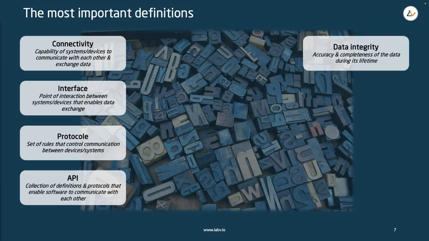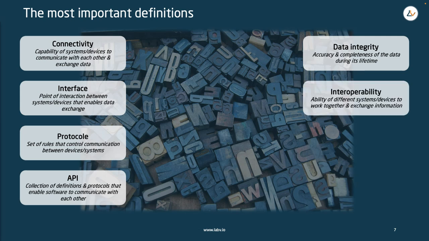Another very important definition: data integrity. Data integrity is about the accuracy and the completeness of the data during the whole lifetime and not just during the exchange. Data interoperability describes the ability of different systems and devices to work together and exchange information, meaning it allows a seamless integration and communication between different lab devices or software, for example.